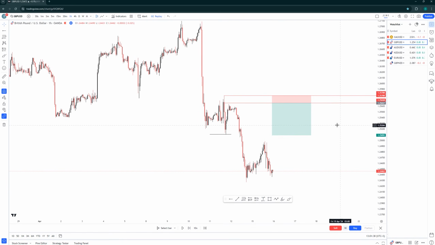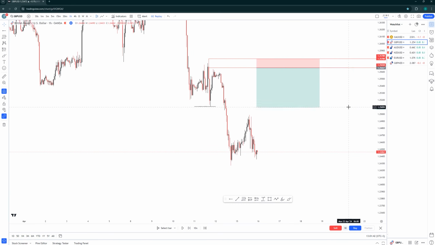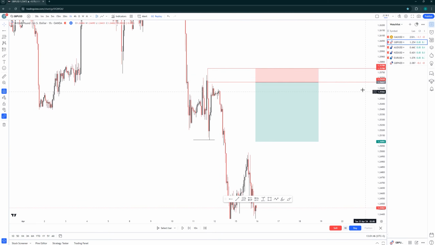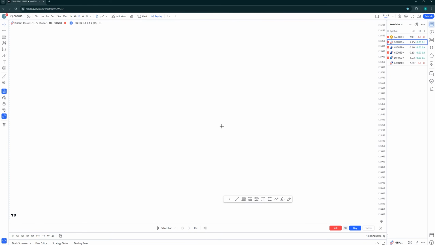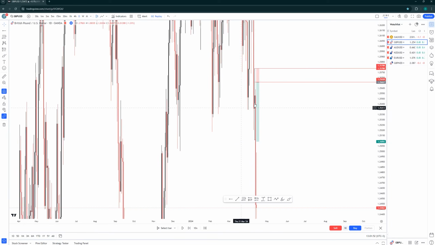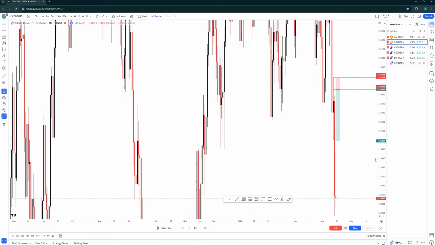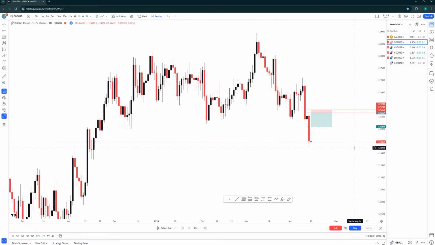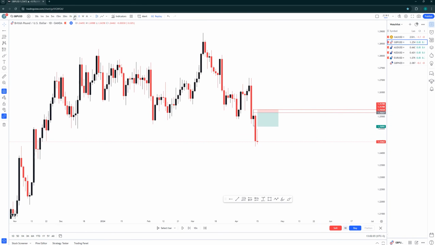So in this scenario, we use the structure that we name the LCB. This daily structure is the LCB structure. So we know that price will react to this point because it's one of the most powerful areas of liquidity.